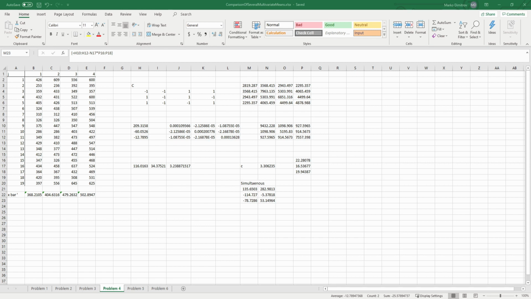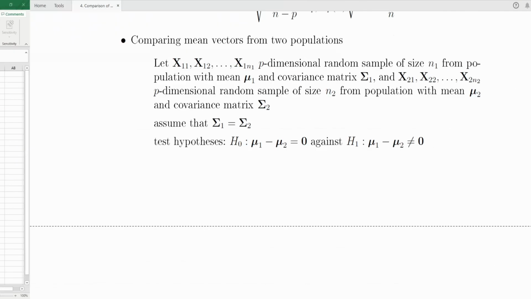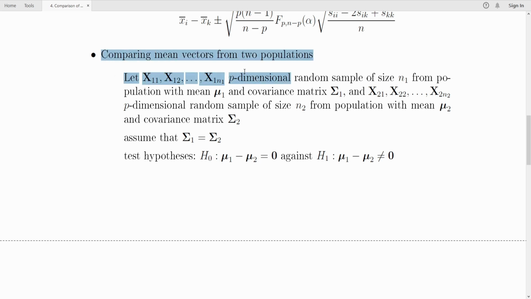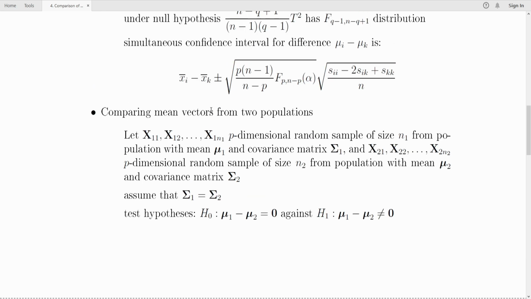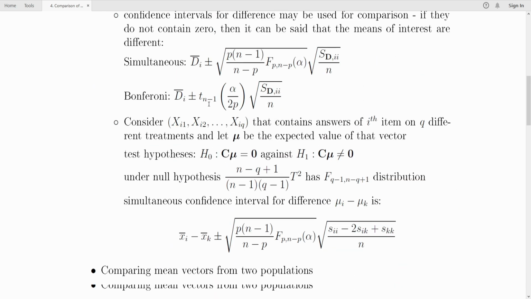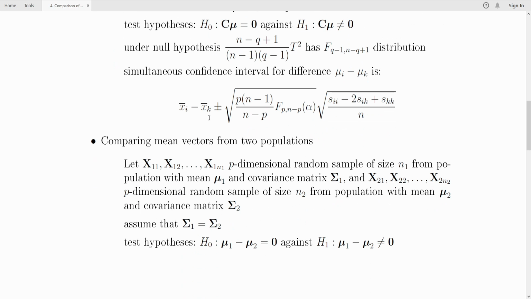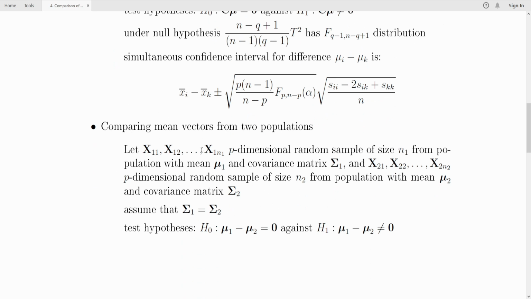And the last two problems concern comparing mean vectors from two independent populations. In this case we need three assumptions. Previously we just assumed that the differences are normally distributed. Here we need the random samples taken from the first and second populations to be independent.